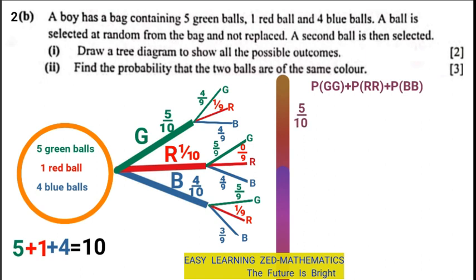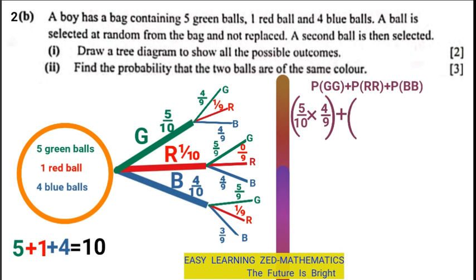And then what is the second probability of getting a green color? I'm going to put this expression in brackets, so it will be multiplied by the probability of getting a second green color after picking a green color at first, which is 4 over 9. So multiply by 4 over 9, close bracket, plus, then open bracket.